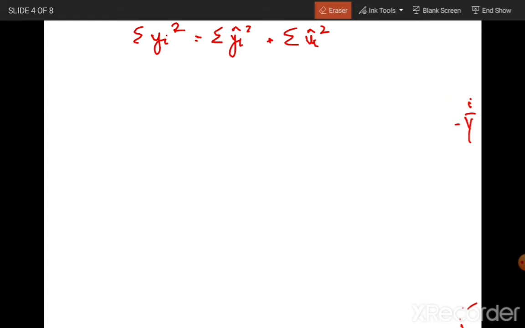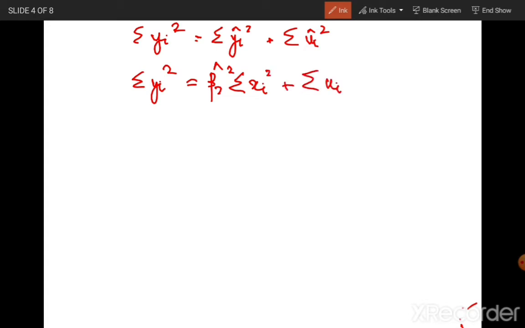So basically, this can be written as summation yi square is equal to, now summation yi hat square, that is small yi hat, can be written as beta 2 hat squared summation small xi square plus summation ui hat square.